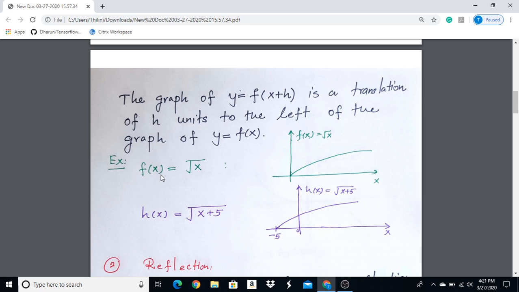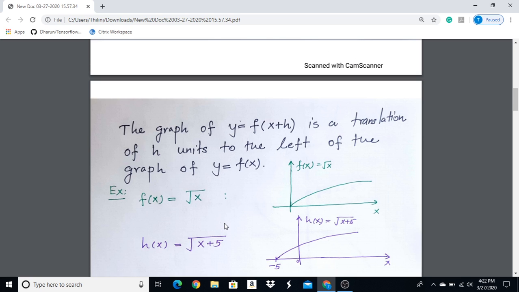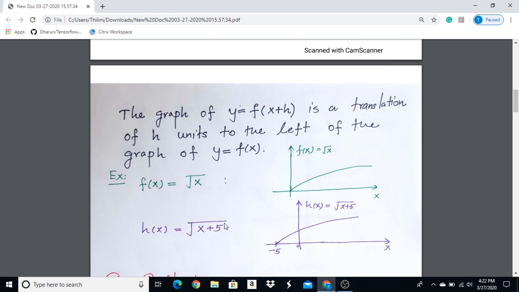Here we have f(x) equals the square root of x, the same parent graph. Now we are taking x plus 5, and that is our h(x) function. You can see that this graph has been moved by 5 units to the left because it's x plus 5. Plus 5 means it should move to the left by 5 units. So that is the horizontal transformation to the left.